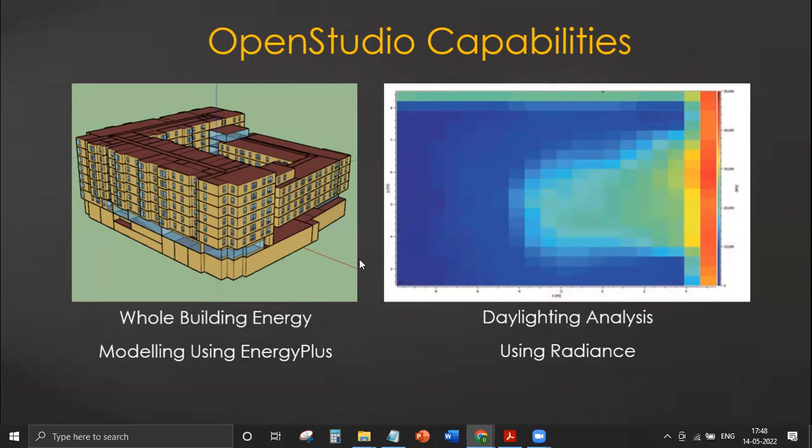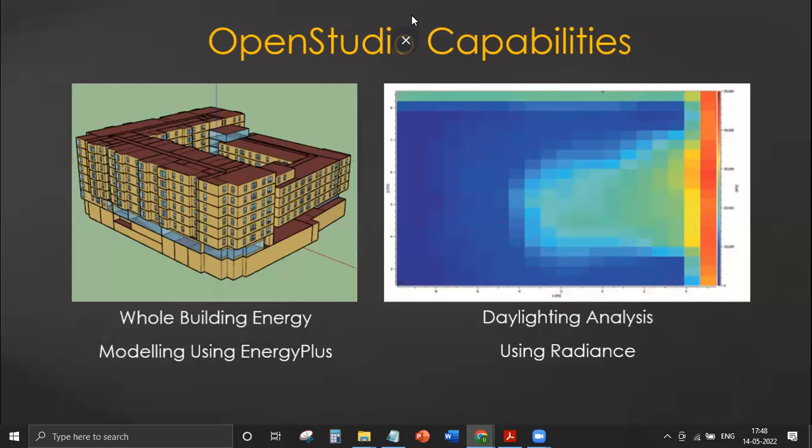I believe in the first Mentimeter question, somebody said that it's difficult to model, or data entry is difficult. So in terms of building a geometry, it's pretty fast compared to other open source tools like eQuest and other tools.